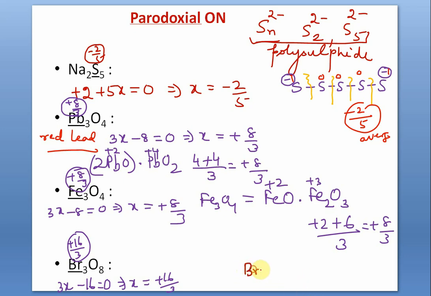This is the structure. This is a very symmetrical molecule. 3 oxygen atoms on the 2 terminal bromines and 2 oxygen atoms on the middle bromine.